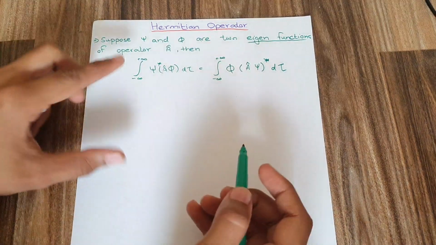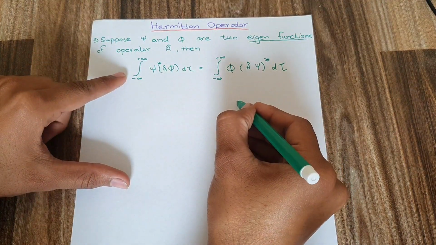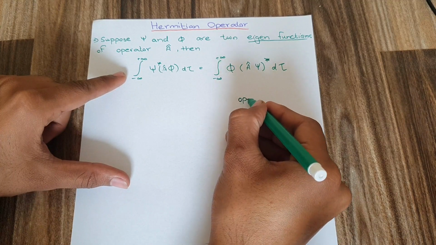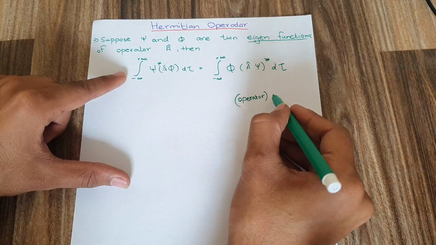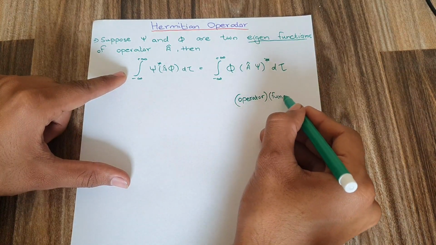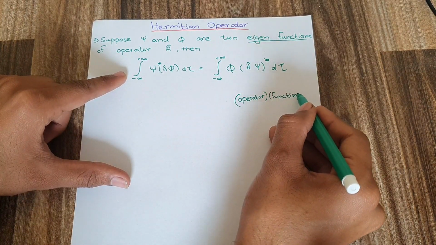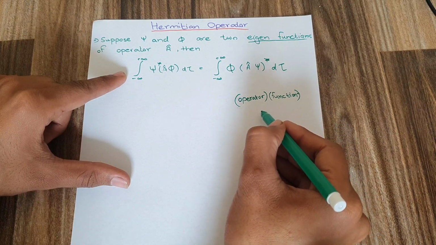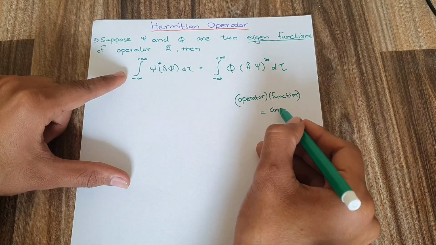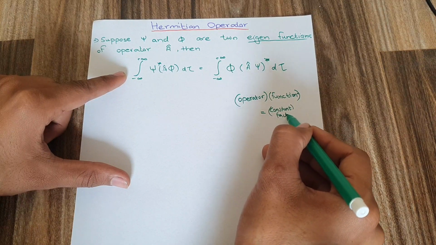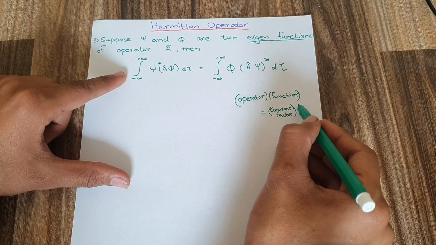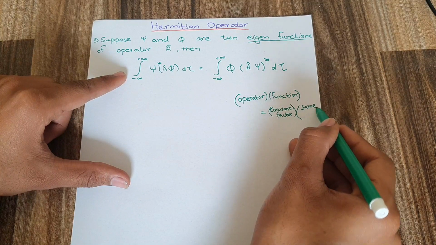The eigenfunction says that when an operator is applied on a function, we get a constant factor and the same function in the product.